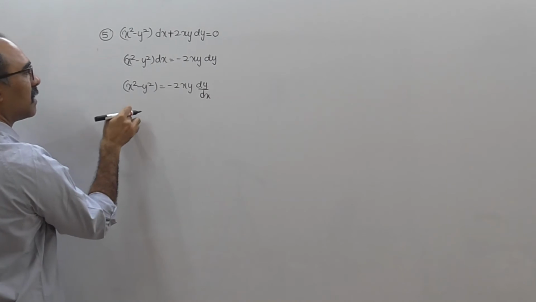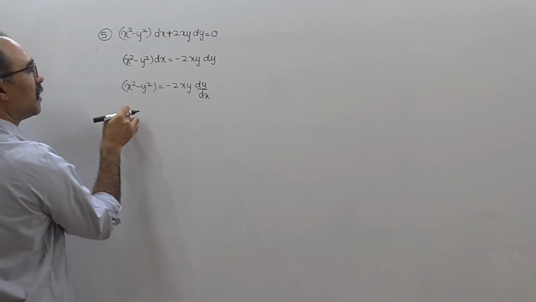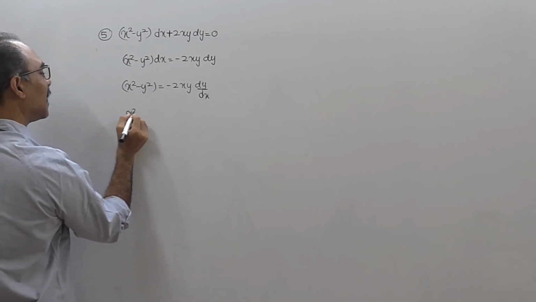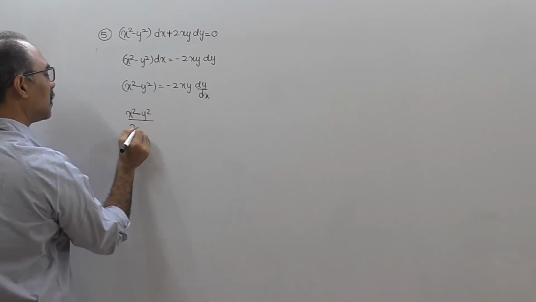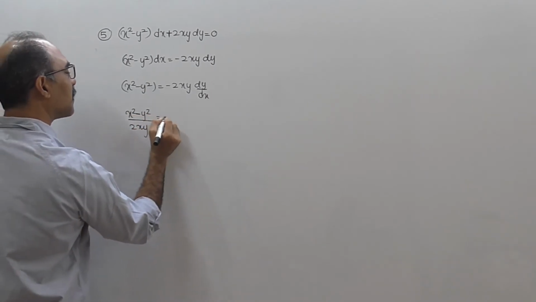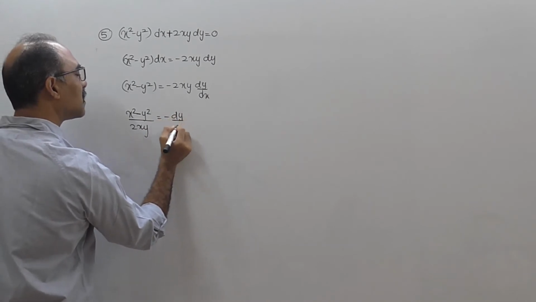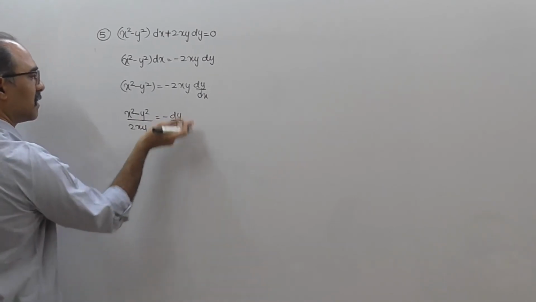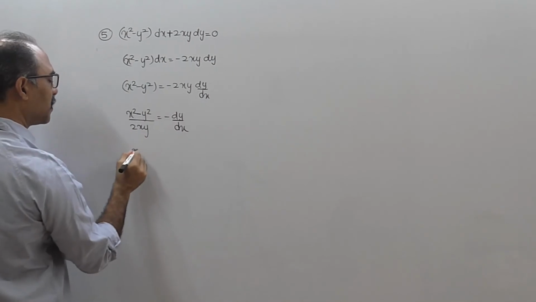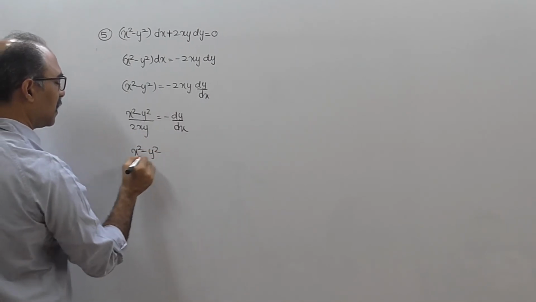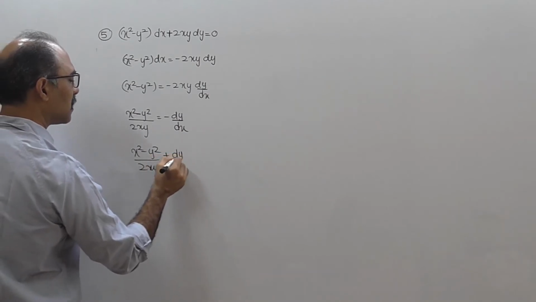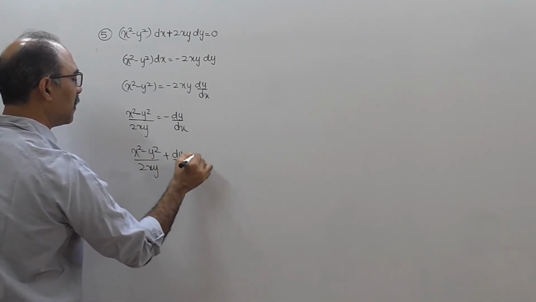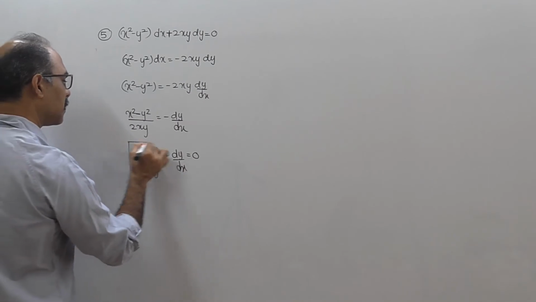Now you push that 2xy to the denominator. So you get x square minus y square upon 2xy, which is equal to minus dy by dx. Now get the dy by dx to this side. You get x square minus y square upon 2xy plus dy by dx equal to 0.